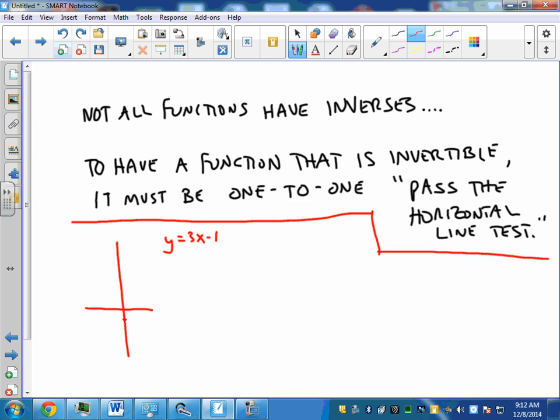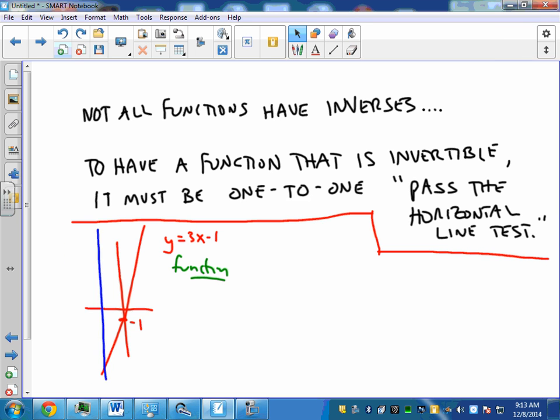This is a line with slope 3, y-intercept of -1, and this line is a function. It does pass the vertical line test. All functions pass the vertical line test way back in chapter 2, and I'll give you a page reference in the other video.